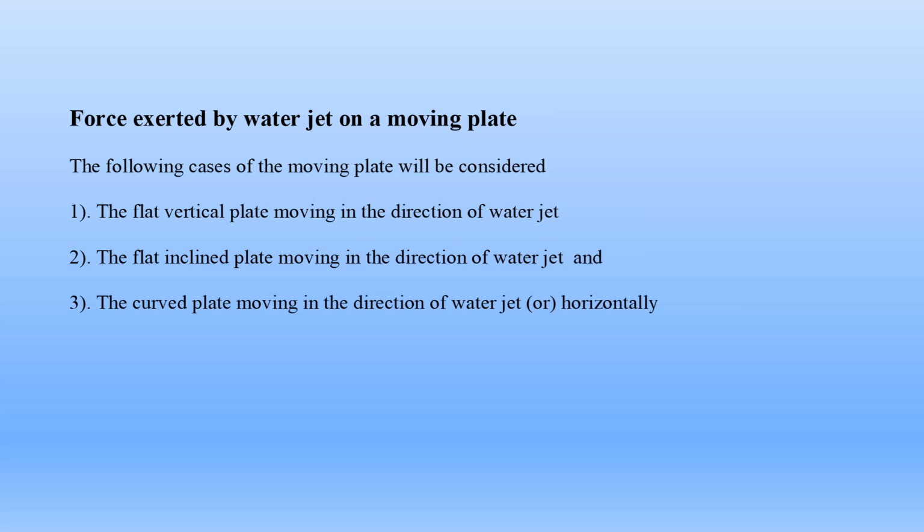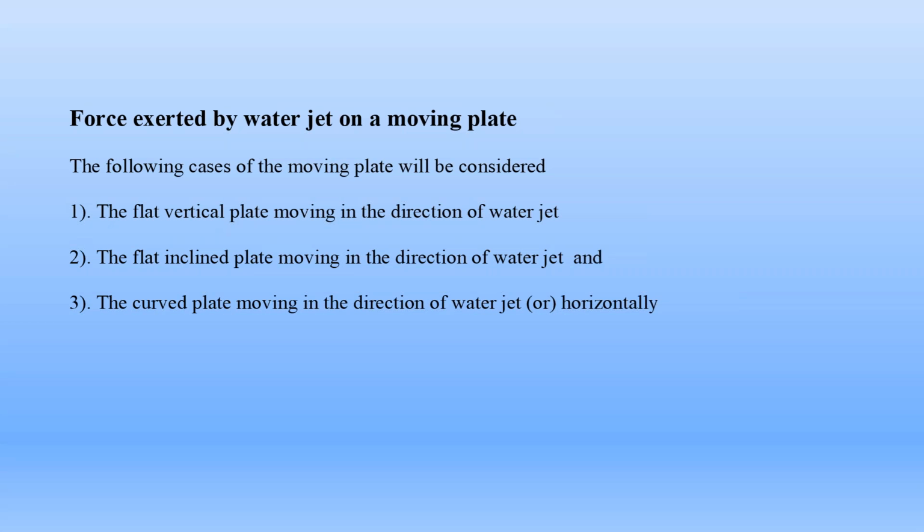So that is the first condition. Second condition, the flat inclined plate moving in the direction of water jet. Third condition, the curved plate moving either in the direction of water jet or horizontally. These are the conditions we are going to discuss in the moving plate.